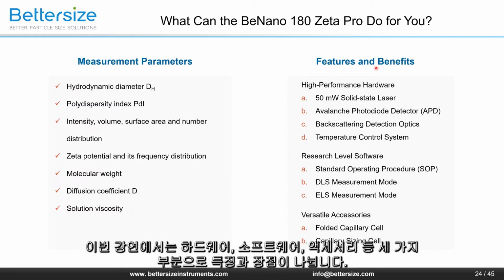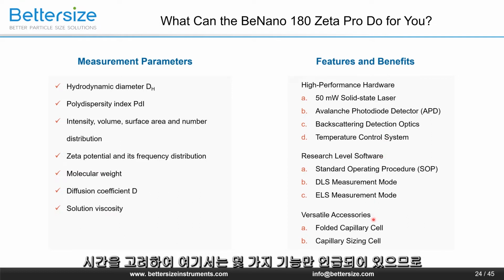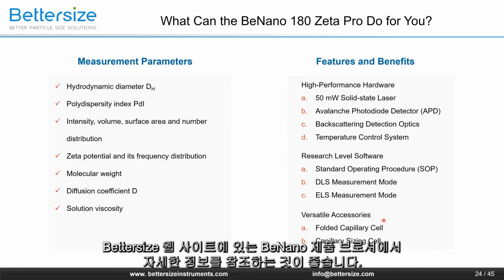The features and benefits are divided into 3 parts in my talk, including hardware, software, and accessories. Please note that only a few features are mentioned here, given our time restrictions, and it is strongly recommended to refer to the detailed information in the BeNano product brochure, which has been released on the BetaScience website.